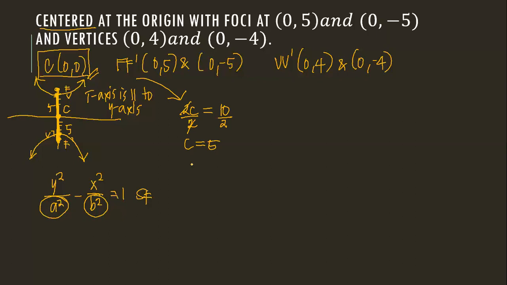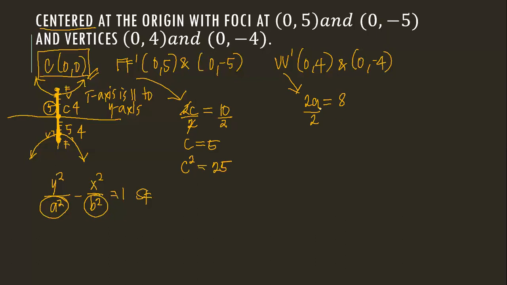If c is 5, then our c squared is equal to 25. Then we have the vertices. The vertex distance is denoted by 2a. From the center to V, that is 4, and from the center to V prime, that is also 4. So 4 plus 4 is 8.